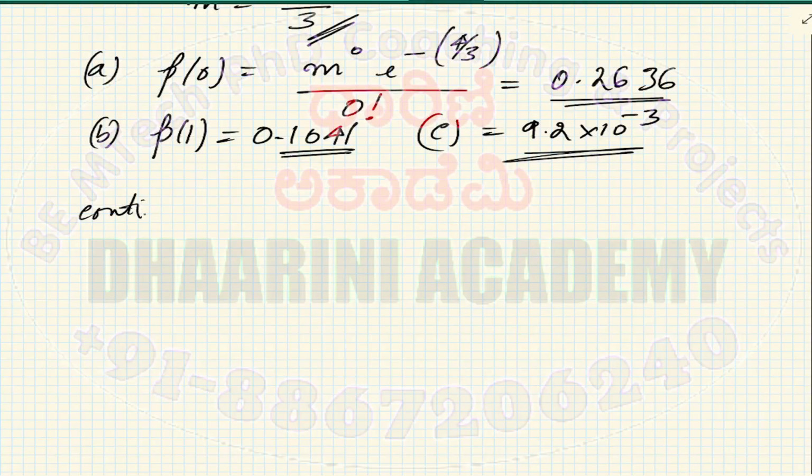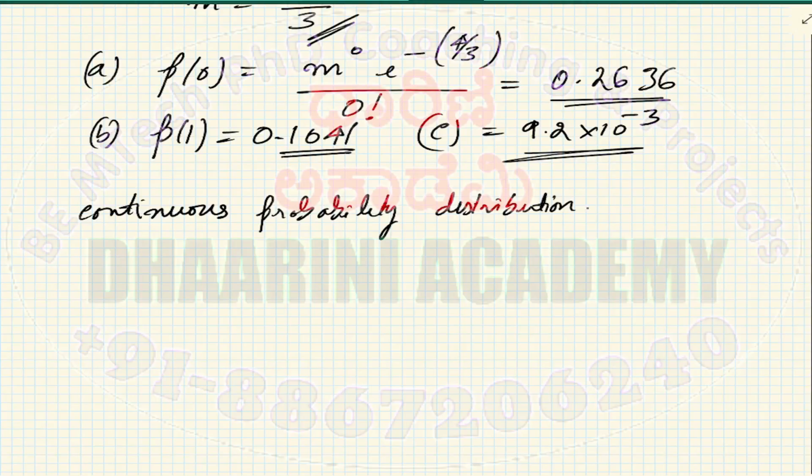Continuous probability distributions. We know that the probability distribution of a random variable helps us in finding the probability for a given value of x, and the value of the probability at a given particular point of x, and what value of the probability there will be for all the values before that x.